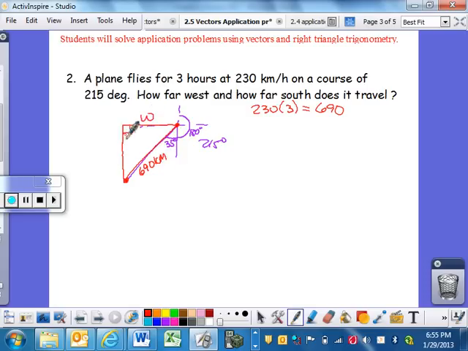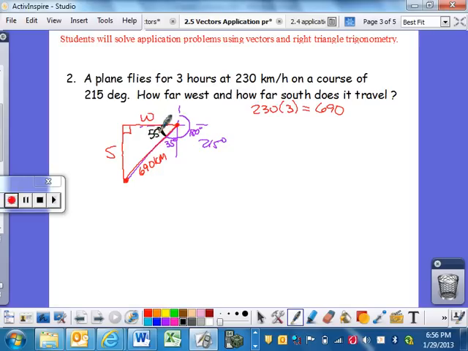That gives me a right angle. In order to use this, I need to find this angle inside. Well, if I know I went 215, you can think about it multiple ways. 215 plus what gets me to 270? Or this guy in here is a 90-degree angle, so I went 35 degrees past the 180. How much farther do I need to go to get to 90? In either case, it's 55 degrees is that angle inside.